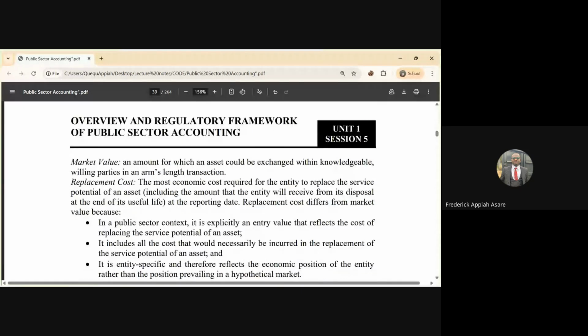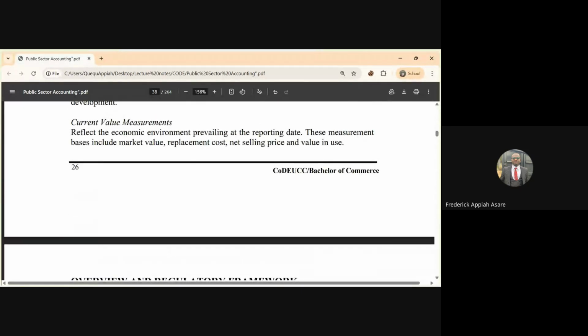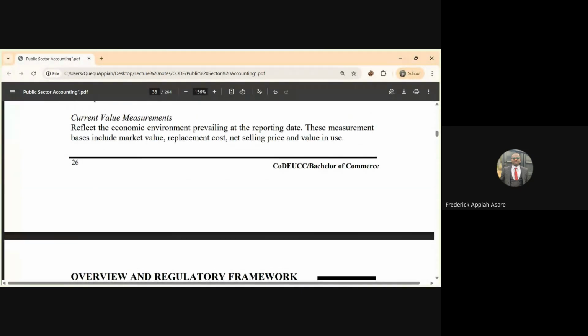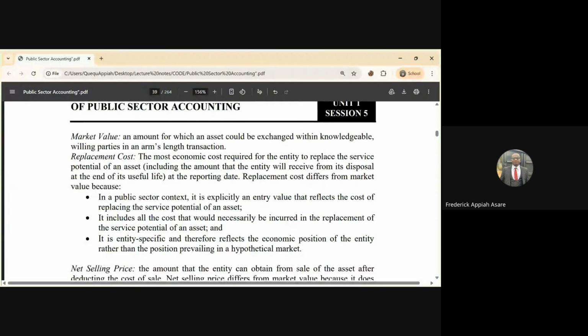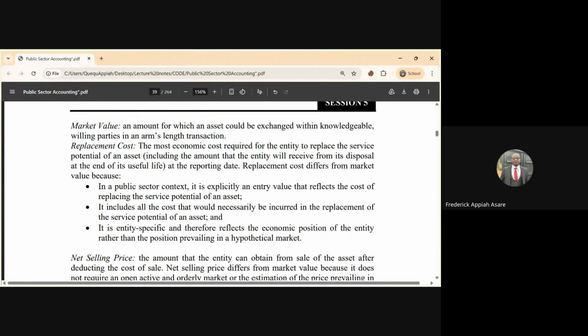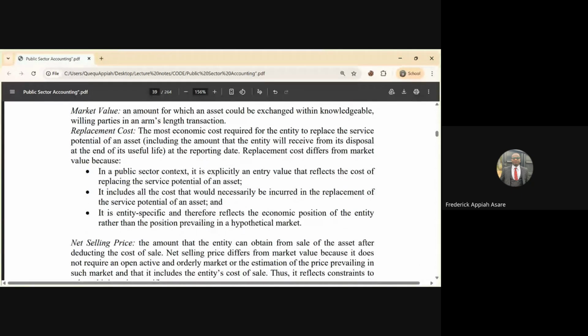Then the market value also falls under the current value measurement, where an amount for which an asset could be exchanged between knowledgeable willing parties in an arm's length transaction. So an asset might be 10,000 cedis, but reasonable people can enter into a normal transaction and decide to pay maybe 500 cedis.